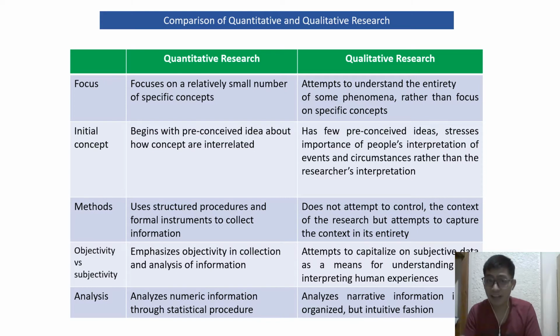On the other hand, qualitative research attempts to understand the entirety of some phenomenon. It has few preconceived ideas, stresses the importance of people's interpretation, and does not attempt to control the context of the research. It attempts to capitalize on subjective data and analyzes narrative information in an intuitive fashion.